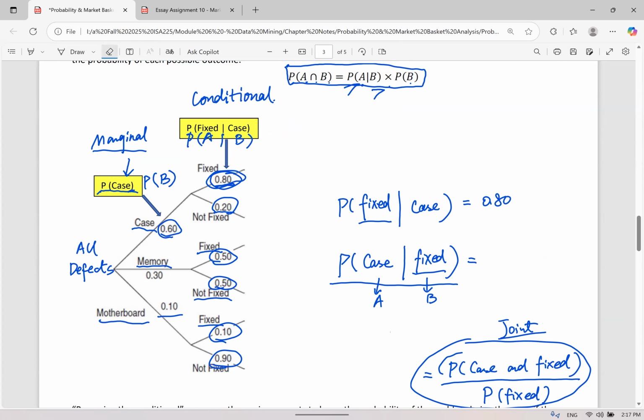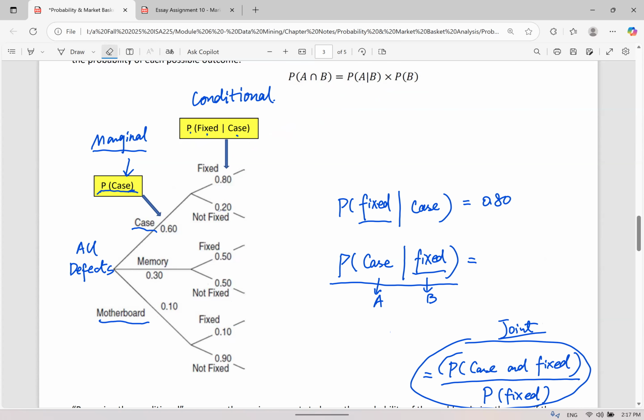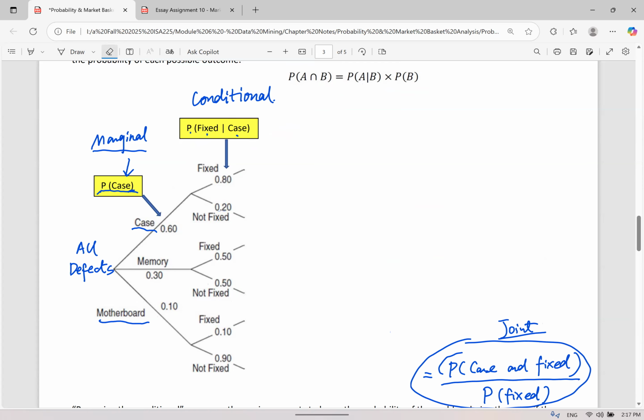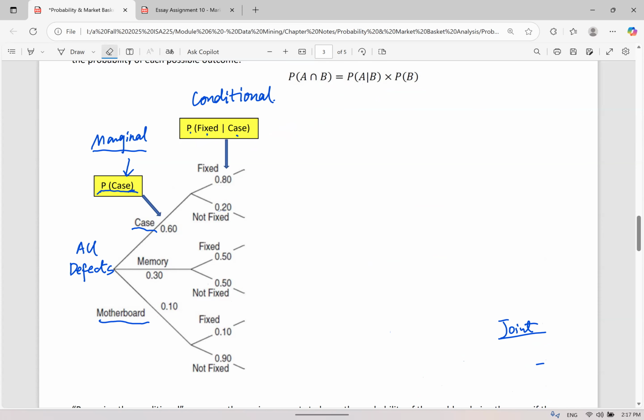All right, so now let's try it. If we use 0.60 times this 0.80, we are using the probability of A given B times the probability of B, which is 0.48.